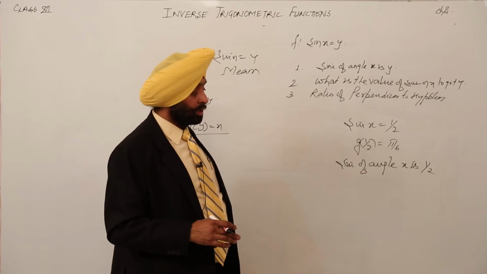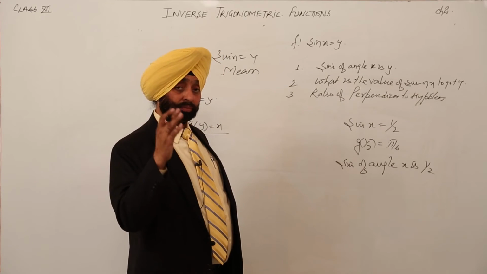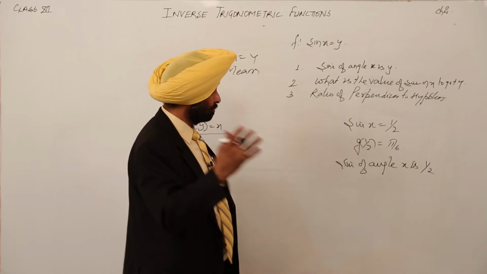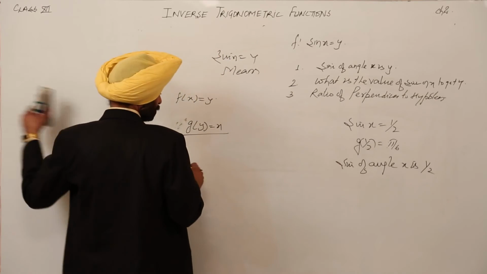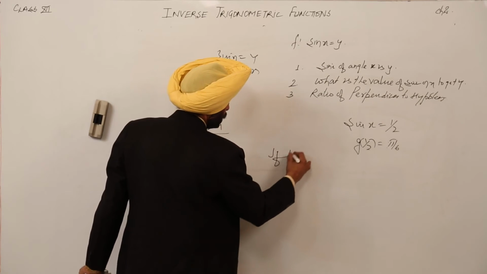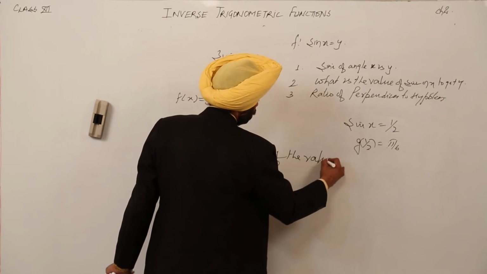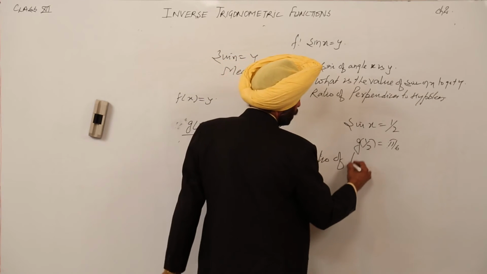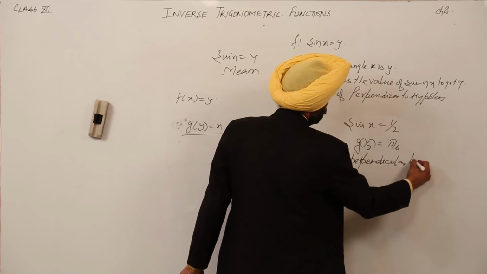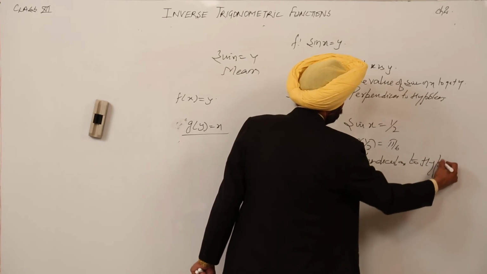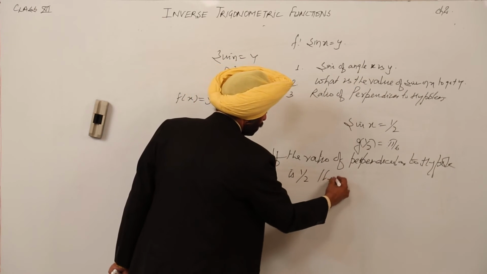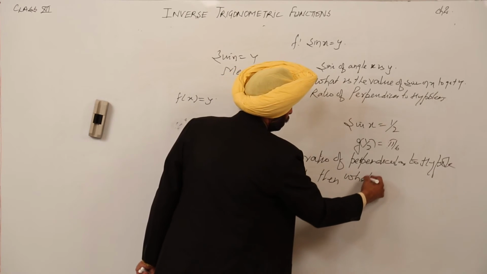Here we can write: if the ratio of perpendicular to hypotenuse is 1 by 2, then what is the angle?